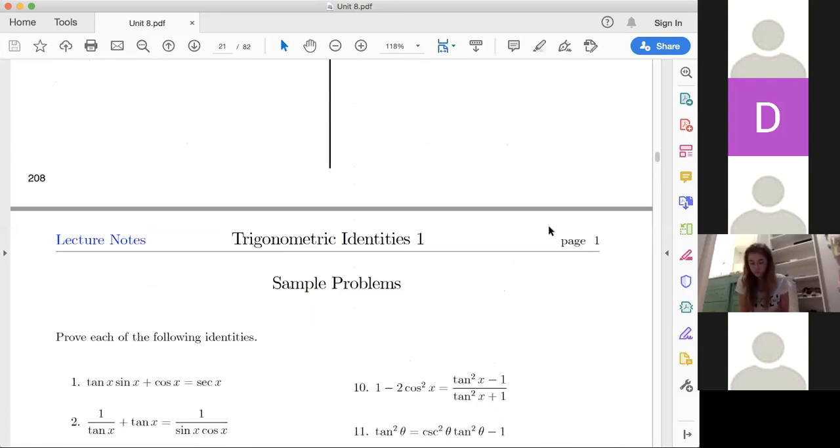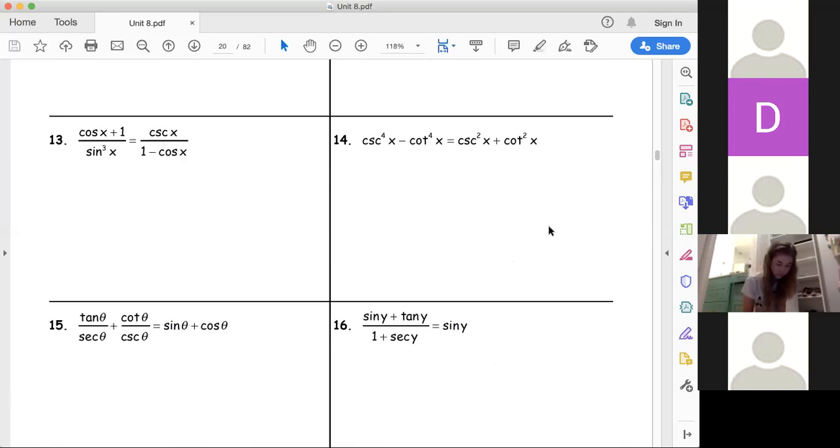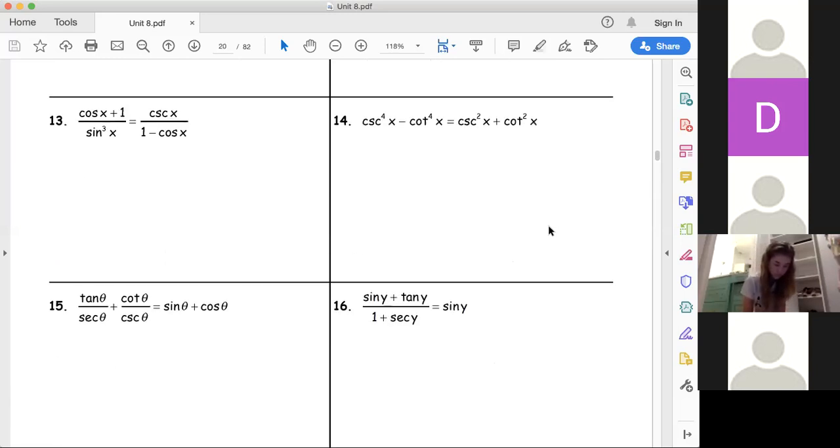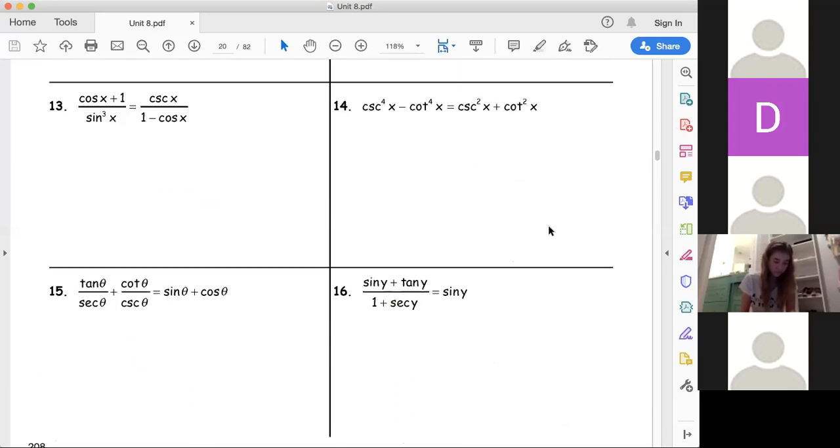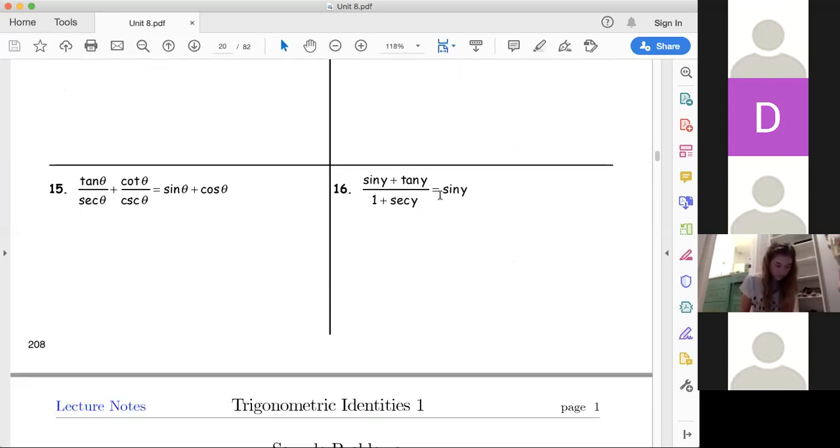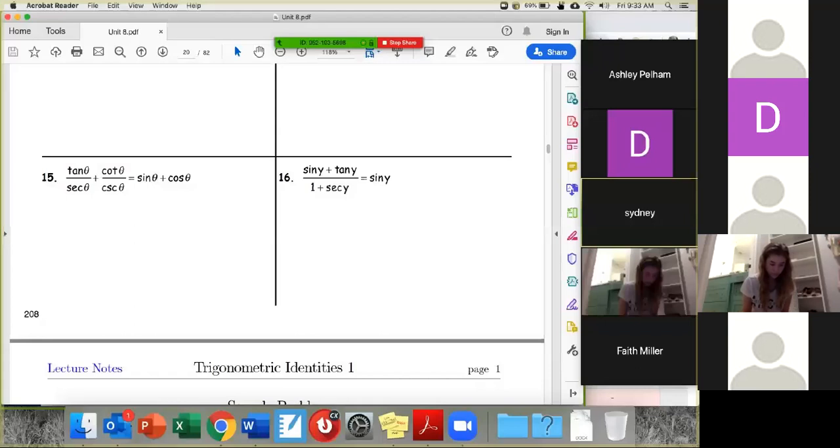Let me go back to the page where that came up. Like question 16 on page 208, I would handle somewhat like that. I would start with making the tangent sine over cosine, and 1 plus the secant, 1 over cosine.